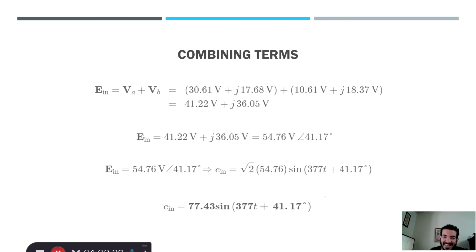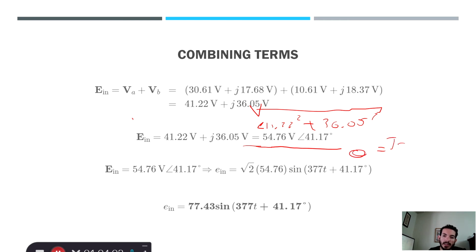Of course, you can take that back to your polar form, and your polar form is going to be the magnitude, which is the square root of 41.22 squared plus 36.05 squared. That is going to give you 54.76, and you know that the angle is tangent inverse of y over x. That should give you 41.71.